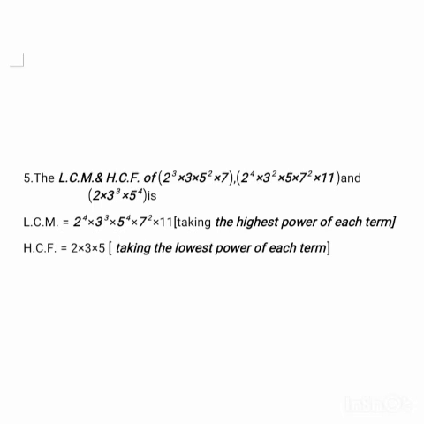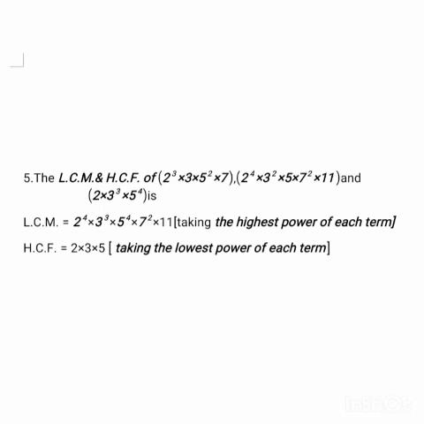Our next problem is find the LCM and HCF of 2^3 x 3 x 5^2 x 7, 2^4 x 3^2 x 5 x 7^2 x 11 and 2 x 3^3 x 5^4.